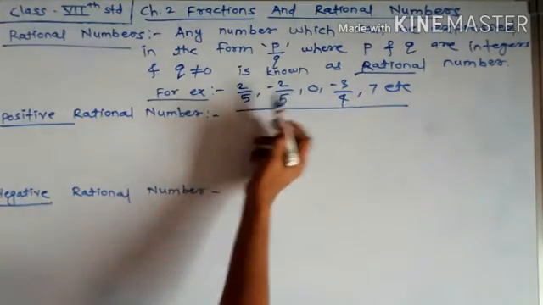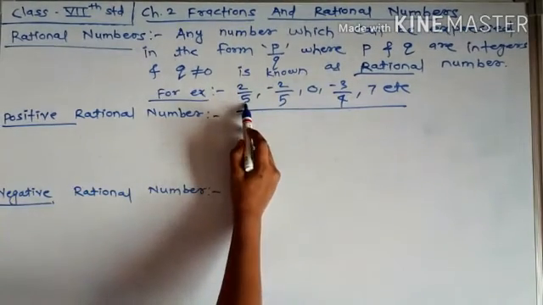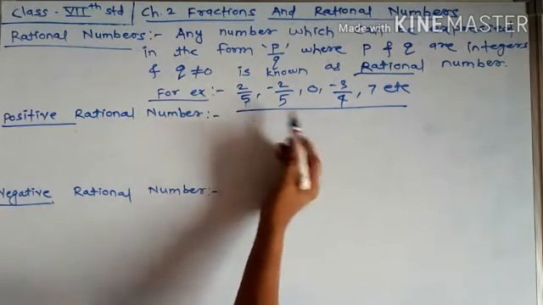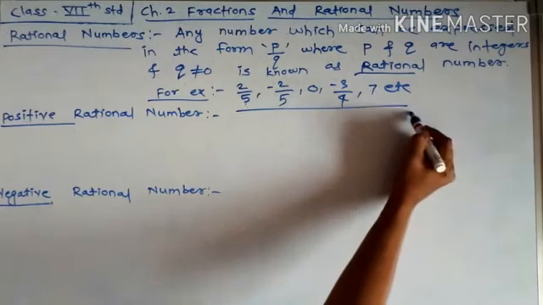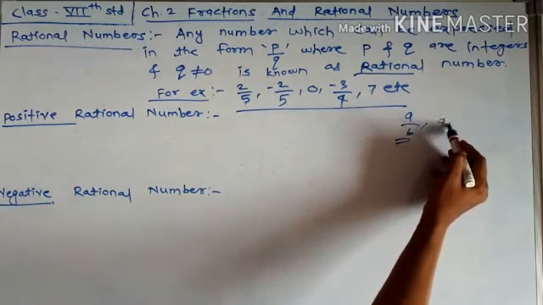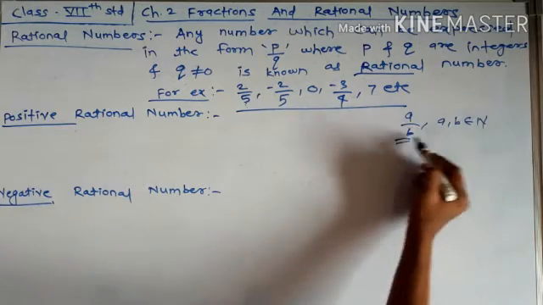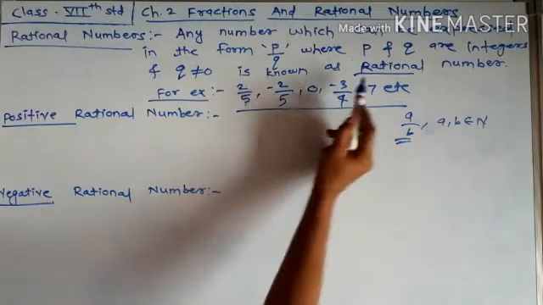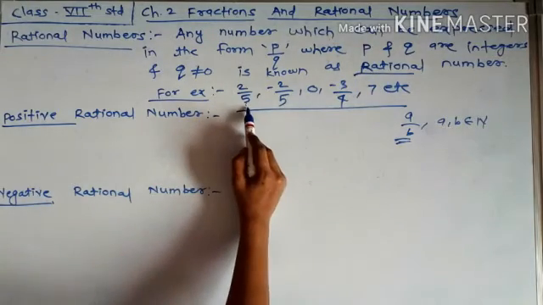Here 2 upon 5 is a rational number as well as a fraction. Why?